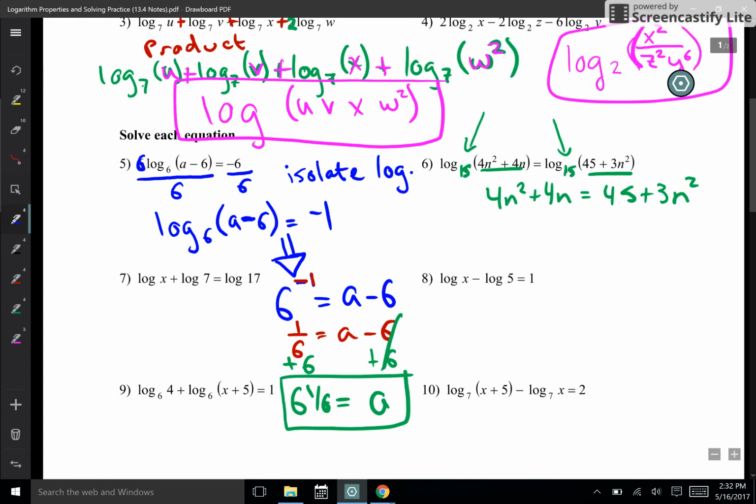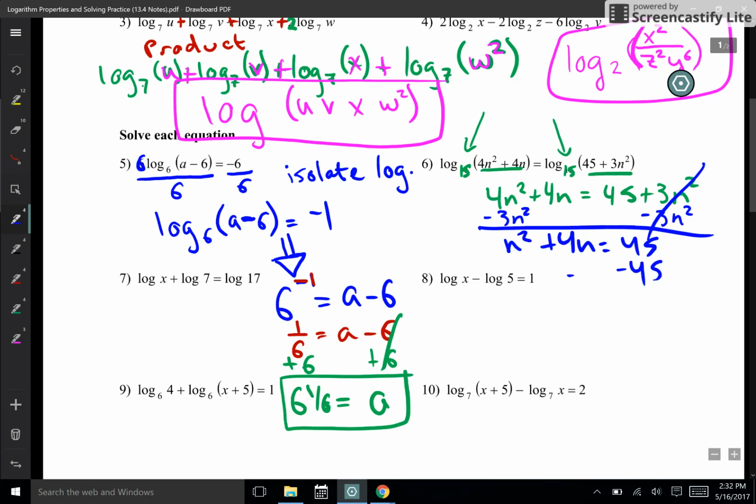It's quadratic, so we're going to try and get it set equal to 0. Minus 3n squared from both sides. Left with n squared plus 4n equals 45.